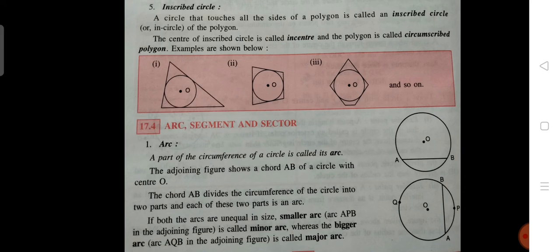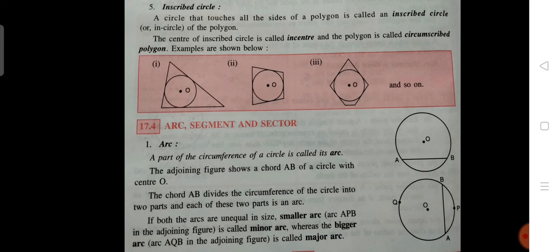For example, a triangle is given. The circle is drawn inside because only then are the sides touched. So the 3 sides are touched, and in the quadrilateral the 4 sides are touched, and for a pentagon, 5 sides are touched by the circle.